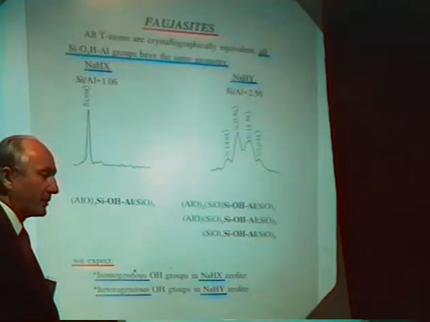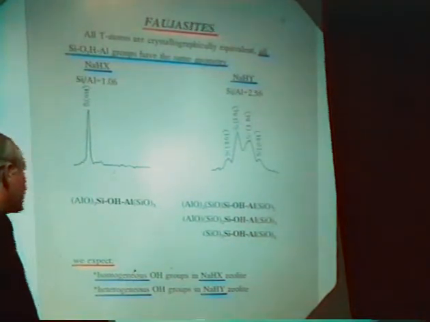There must be a pair of Si and Al. We expect 3 kinds of bridging hydroxyls that are represented by such 3 formulas. This one corresponds to this Si species. We get 3 Al now, neighbor 1 and 2 together 3. This formula corresponds to this Si species, and this formula to this Si species. So in the case of Y zeolite, we expect 3 kinds of bridging hydroxyls of various acid strengths.